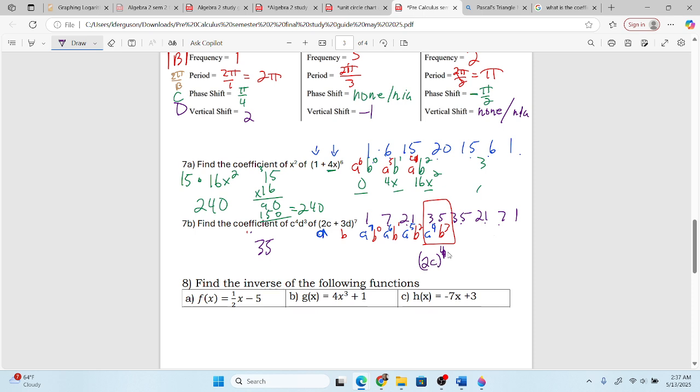So that's 2 to the 4th power, that's going to be 16 c to the 4th. And then b, that's going to be 3d to the 3rd power. So that's 3 to the 3rd power, that's going to be 27 times d to the 3rd. And then I've got my Pascal's number, and then I've got my two coefficient numbers. So I need to multiply 35 times 16 times 27.